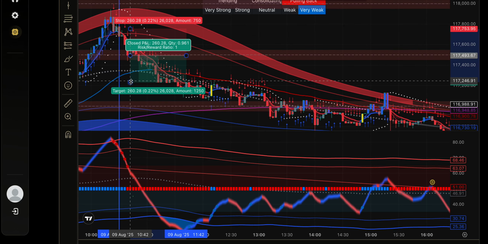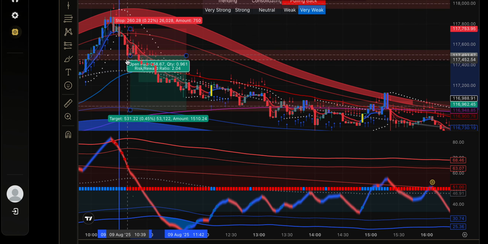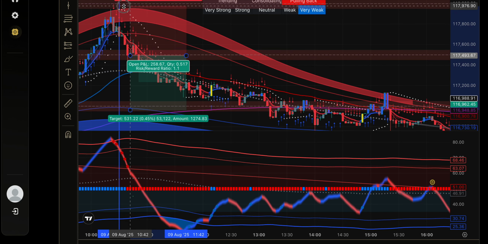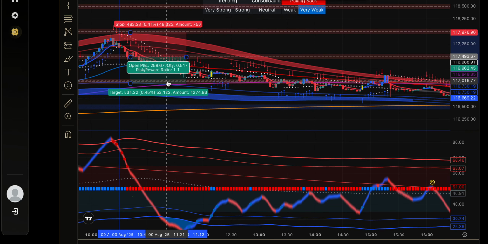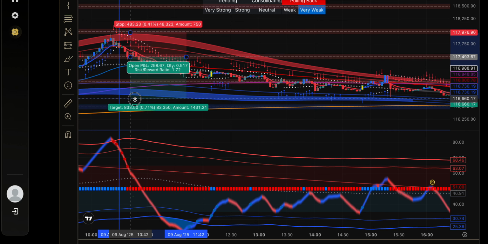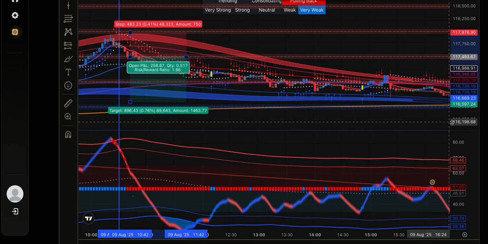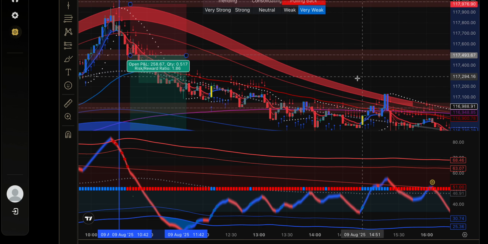See? So this is how far this went. I entered from here. This is my SL, my stop loss, and it sold all the way down to this point.